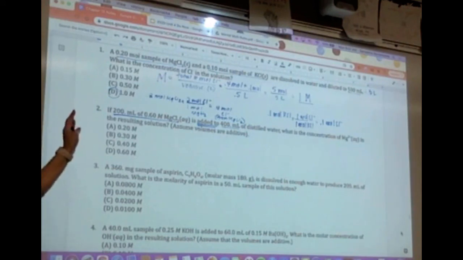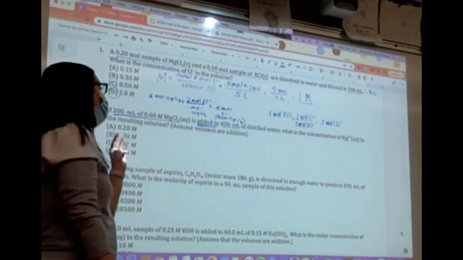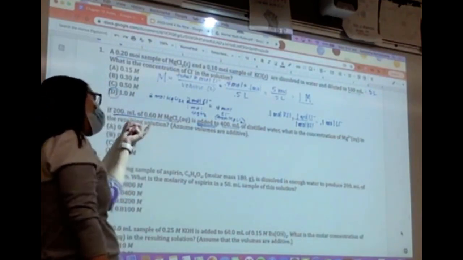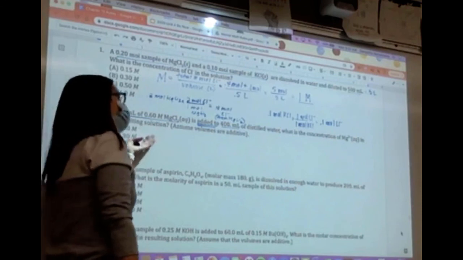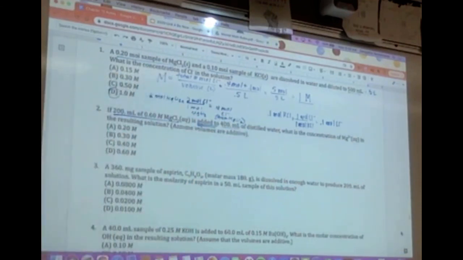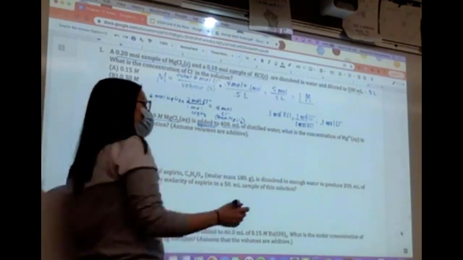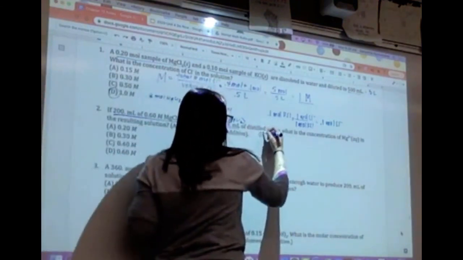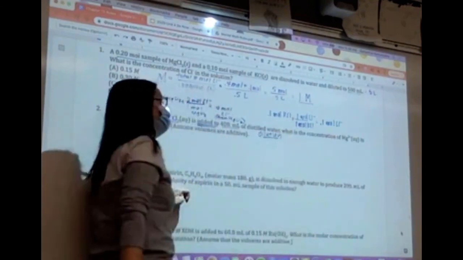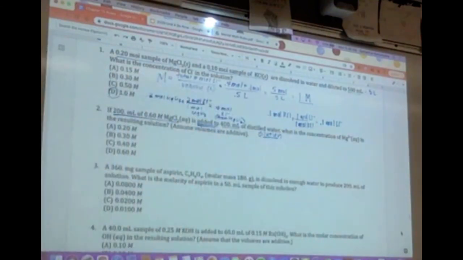So before we even worry about what math we're doing, I want us to just look really quick. We have a sample of MgCl2 being added to distilled water. When you are adding something to distilled water, you are diluting it. This is a dilution problem.